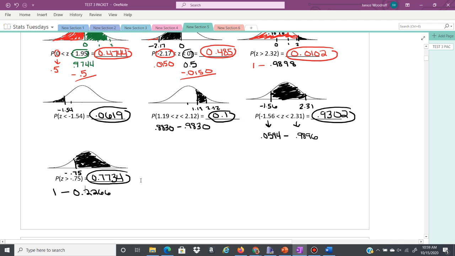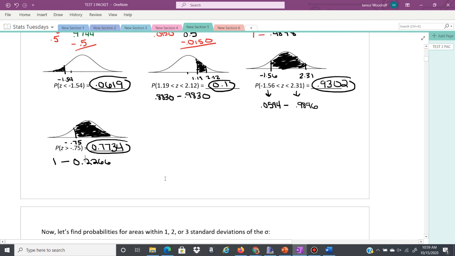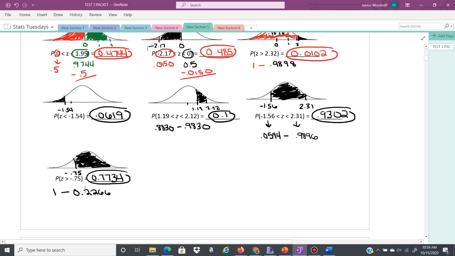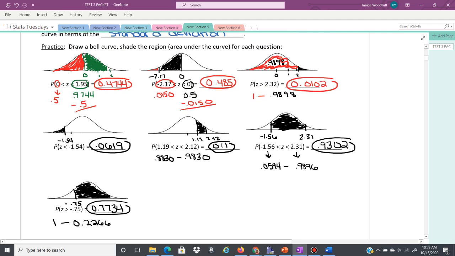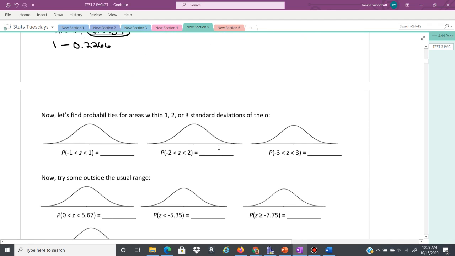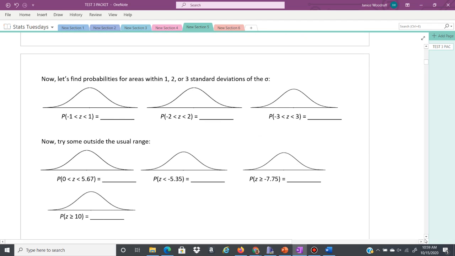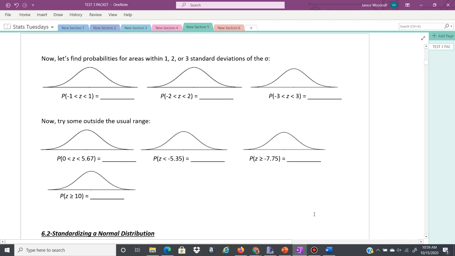All right, now you guys are going to kill me because you can do this in your calculator. Okay, and it's really, really simple to do in your calculator. You don't even need the z-table, but I want you to be able to visualize what's happening just in case of any mistakes. So let's take a look at how you do this in your calculator. I do have a calculator handout to give you guys just as a guide, but here's what you're going to do. You're going to go second, and then you're going to go second distribution, so DISTR.